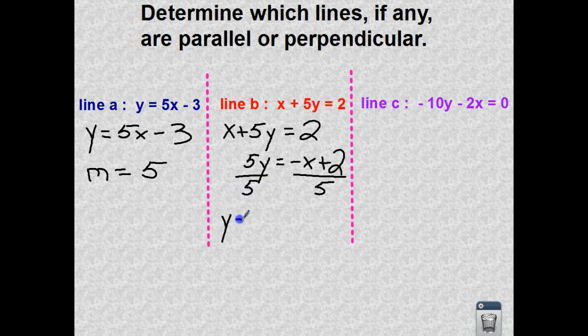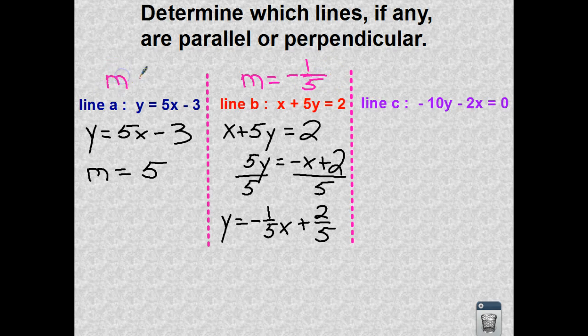So y is going to equal negative, the coefficient in front of the x is an invisible 1, so there's a negative 1x over 5, which is negative 1/5 x. And then you have your 2 divided by 5, which is 2/5. So as you can see here, the slope is, you know what, let's write that above here. So in line B, m is equal to negative 1/5.